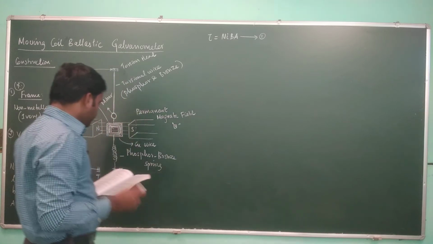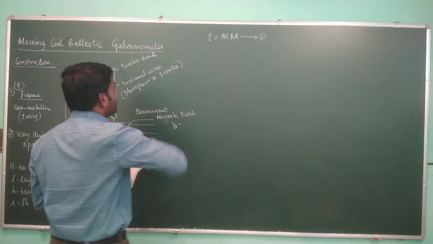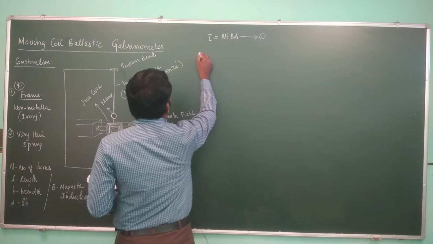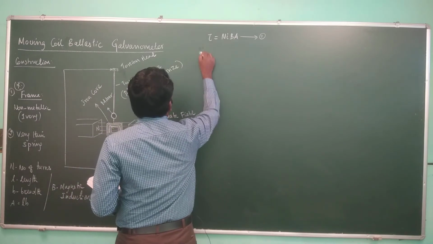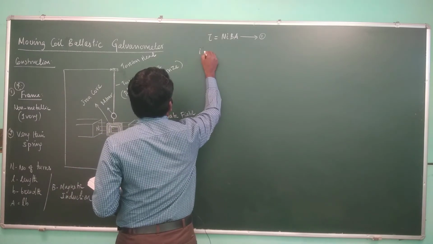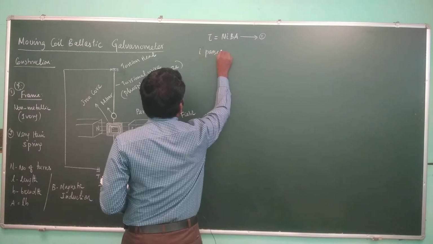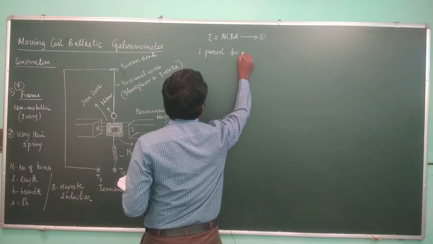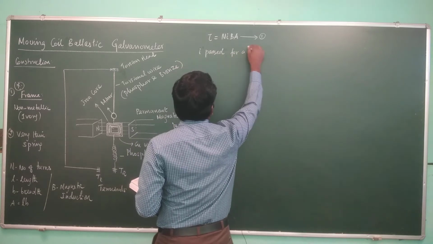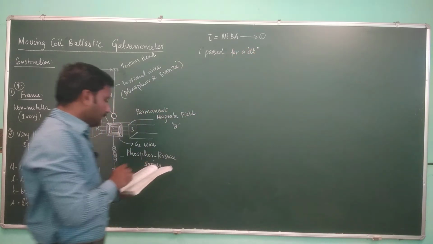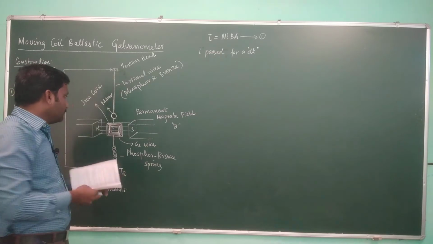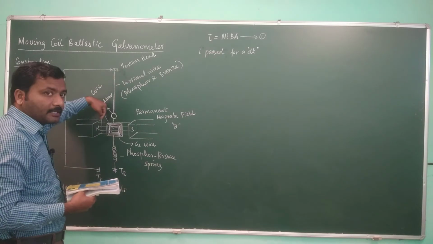So if the current I is passed for a short interval dt, then every fraction of time you are passing current, then you are withdrawing.